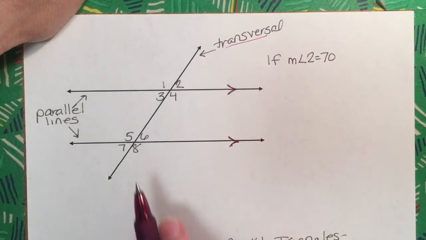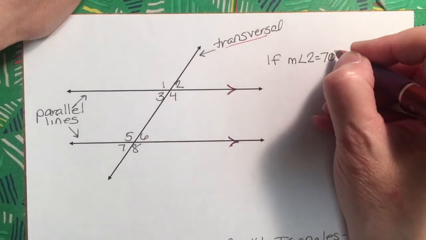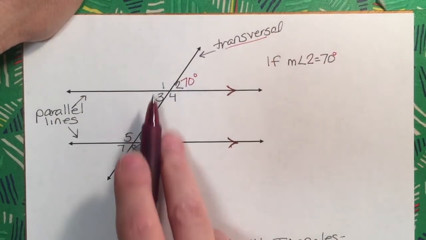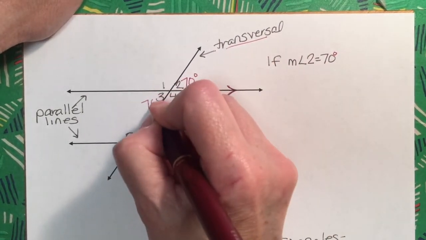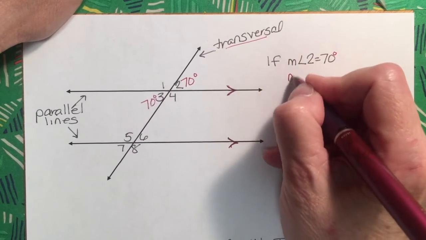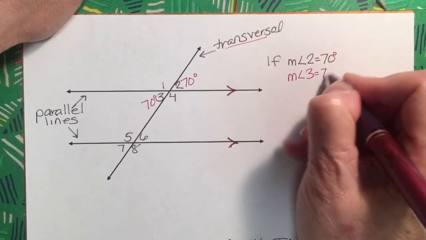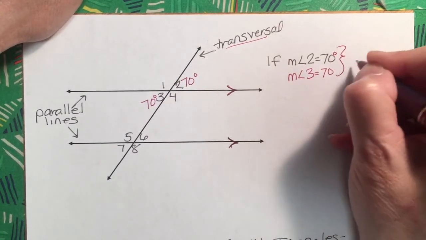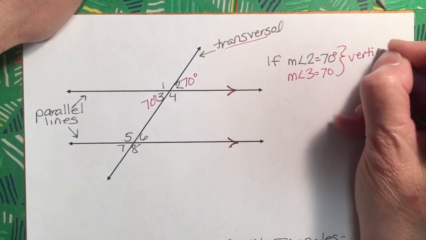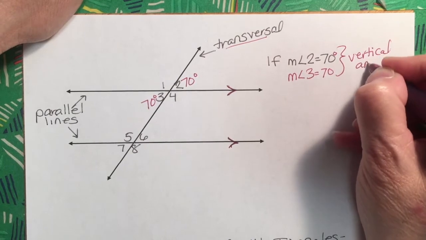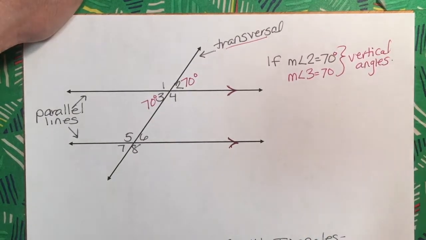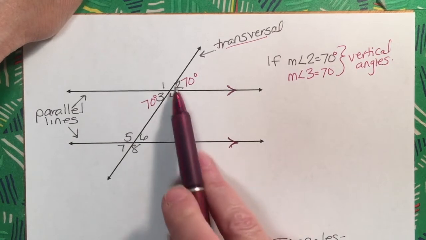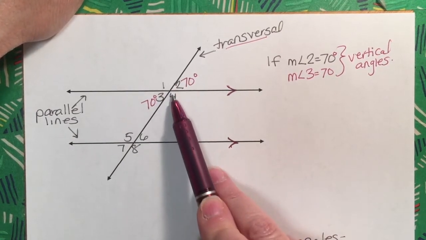If angle 2, for example, measures 70 degrees, angle 3 is also going to be 70 degrees, because angle 2 and angle 3 are what is called vertical angles. I know you've heard me say that's my favorite angle pair. Okay, I like vertical angles. They're always the angles opposite. 1 and 4 is also a vertical angle pair.